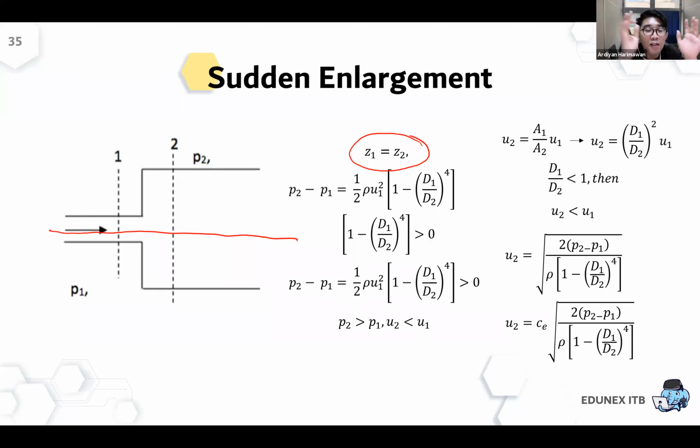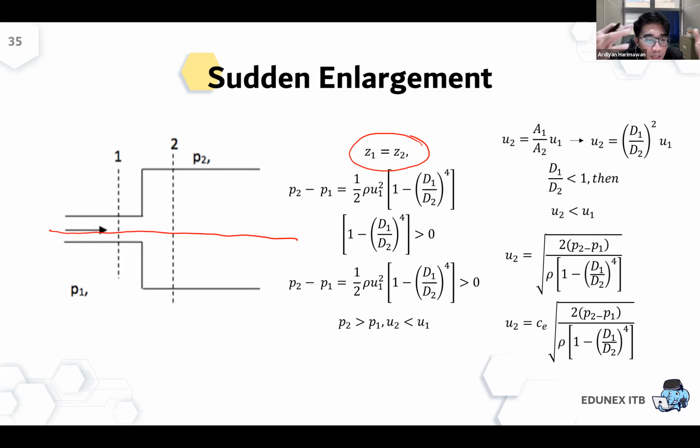Because you only observe at point 1 and at point 2. You just compare 2 points. So how you derive the mass balance equation, the continuity equation, and how you derive the Bernoulli equation, it's all the same.